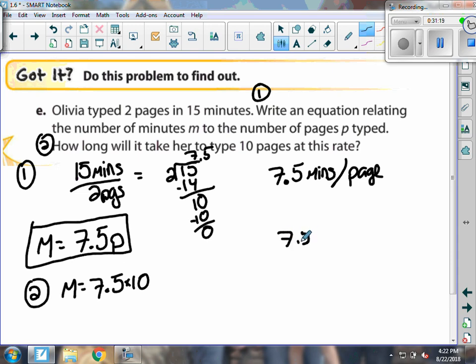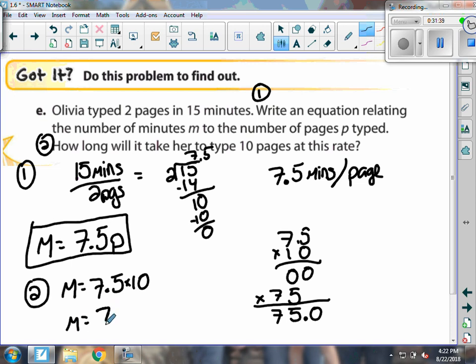So we multiply 7.5 times 10. 5 times 0 is 0, 7 times 0 is 0, 1 times 5 is 5, and 1 times 7 is 7. So I add up my numbers. I have 1 decimal place. So the number of minutes it takes to type 10 pages is 75 minutes. Okay, so there's my answer for that one.